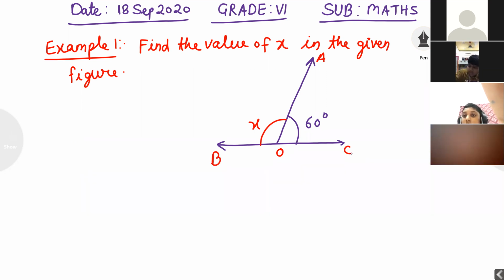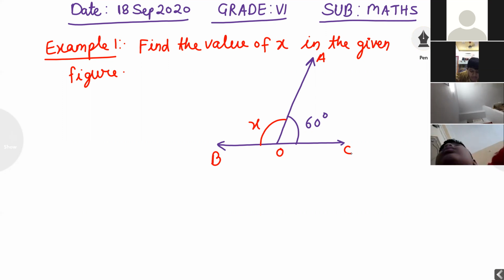Draw this figure with the help of pencil. We want to find out the value of x. You are observing, students, in this figure, angle BOA and angle COA both are adjacent angles. Sum of two adjacent angles is equal to 180 degrees.